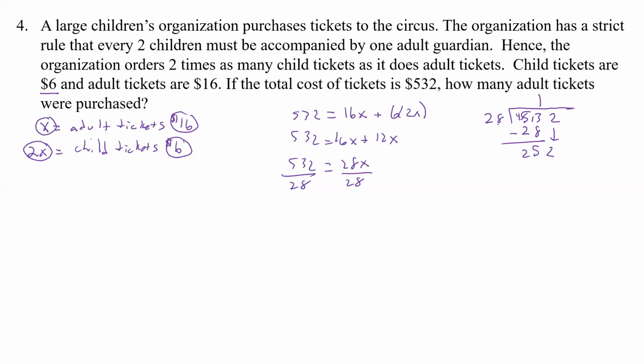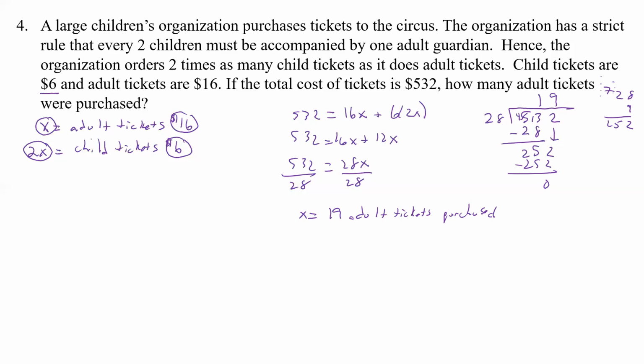Let's try 28 times 9. That's 252. So that's a 9. That's 0. So it looks like x equals 19 adult tickets purchased.